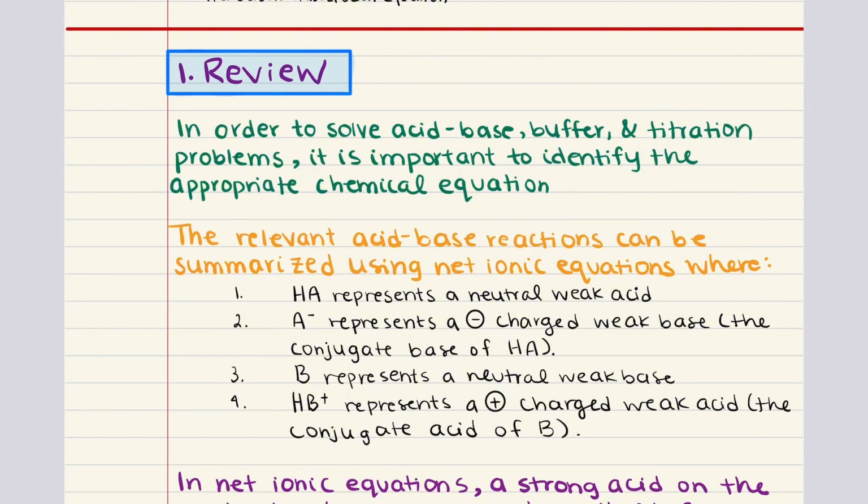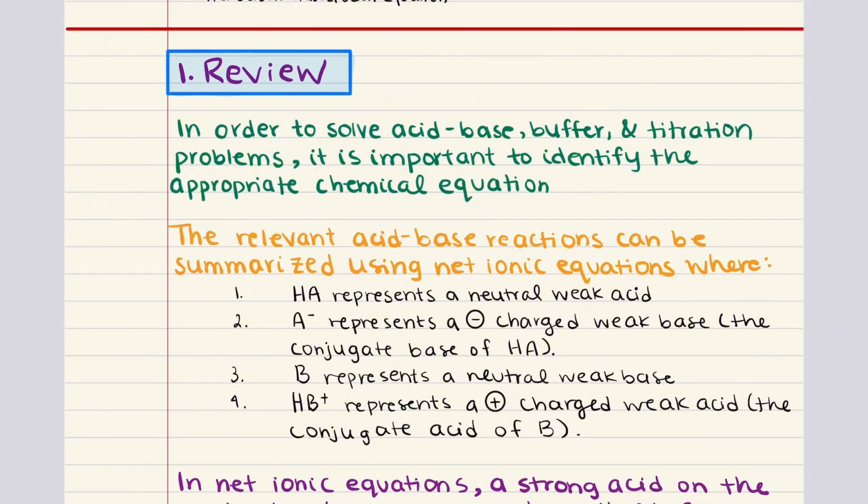This also tells us whether we should solve the problem using stoichiometric calculations or using equilibrium analysis. In most cases, we use net ionic equations to represent acid-base reactions. Net ionic equations focus only on the parts of the reaction that are actually changing, and they leave out spectator ions that do not participate.